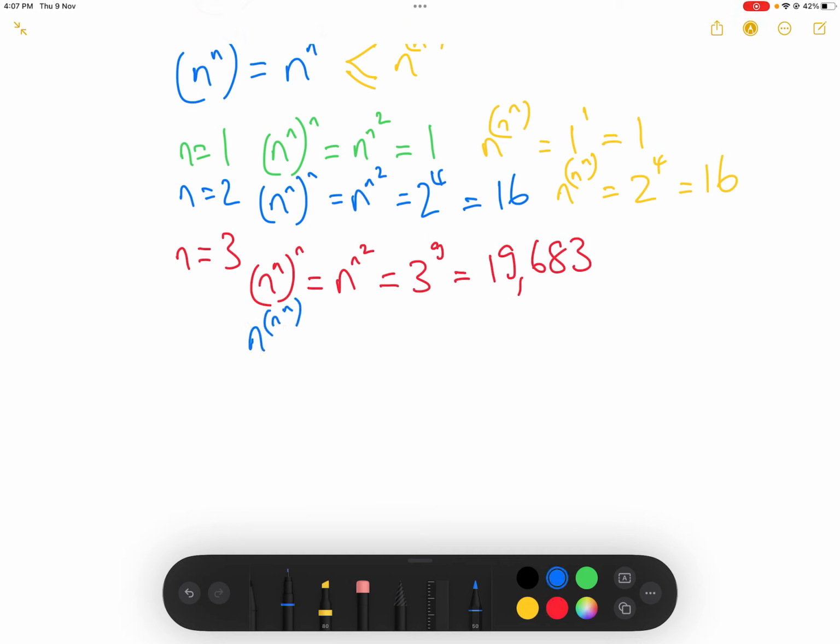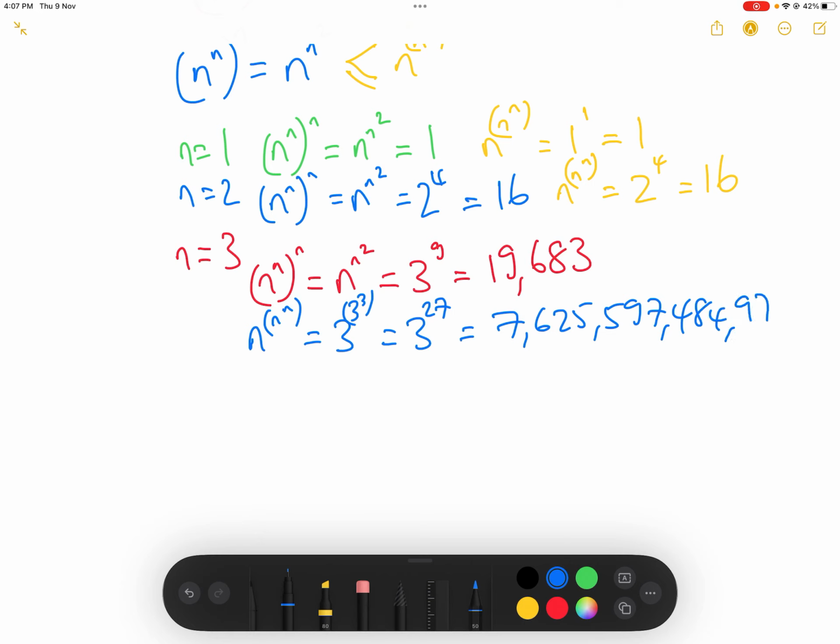Whereas n to the power of n to the power of n is equal to 3 to the power of 3 to the power of 3, which is 3 to the power of 27, which is, again off the top of my head, 7,625,597,484,987, I think, which is approximately 7 times 10 to the 12.